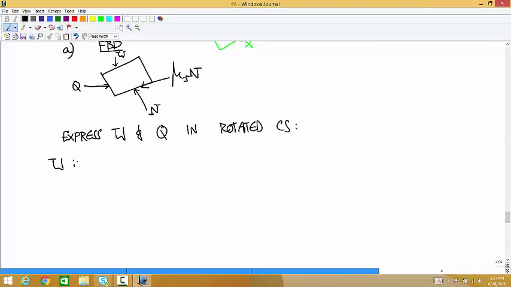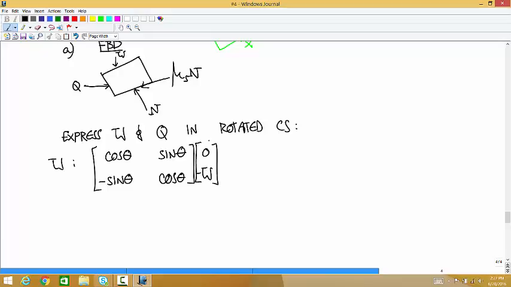For W, we're going to take this matrix, cosine theta, sine theta, negative sine theta, cosine theta, and multiply it by W expressed in the non-rotated coordinate system. So that's 0, negative W. And so in the green coordinate system, you have the vector negative W sine theta, negative W cosine theta.